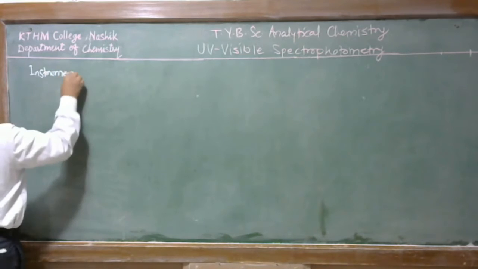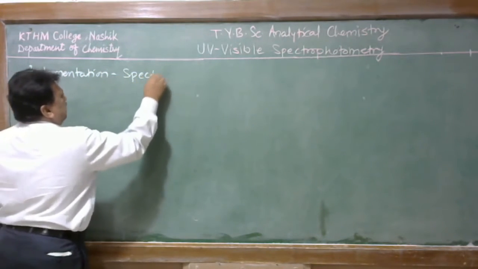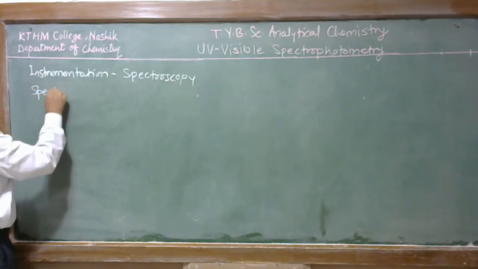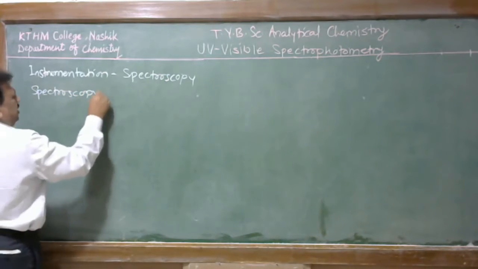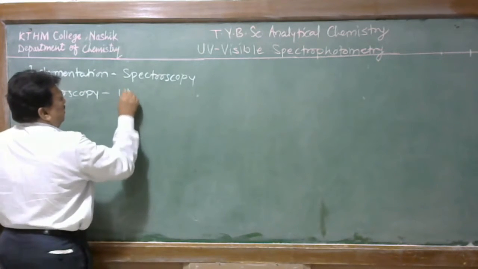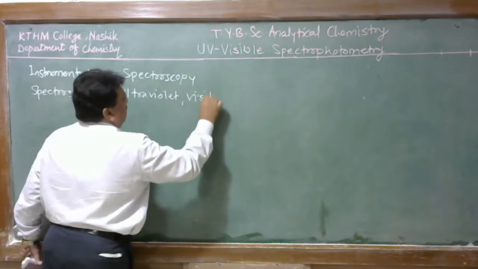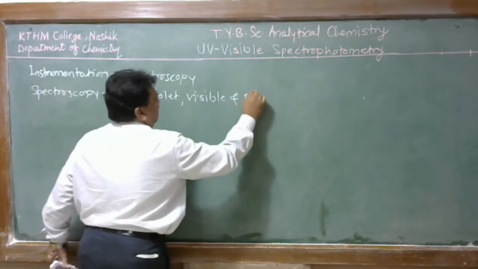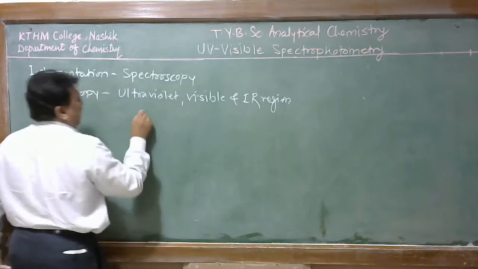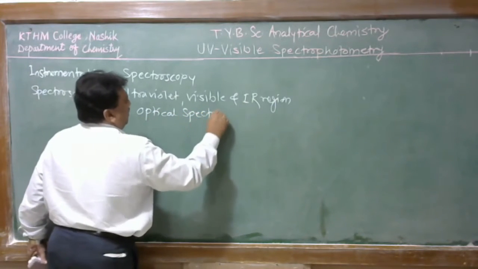If we consider the instrumentation of spectroscopy, the spectroscopy employed in the ultraviolet, visible and infrared region is called optical spectroscopy.